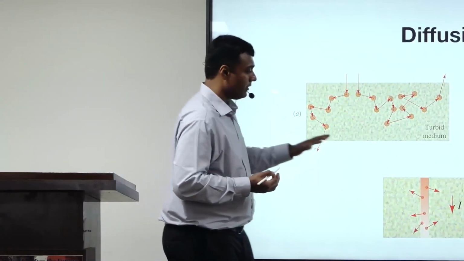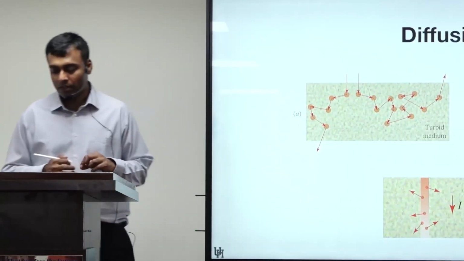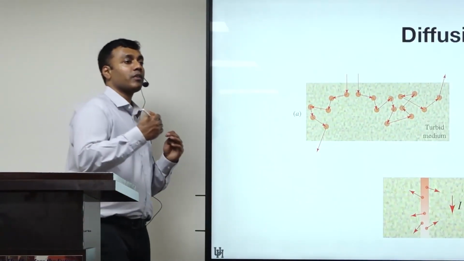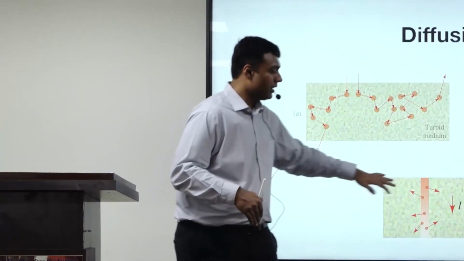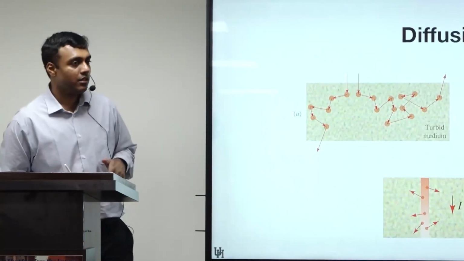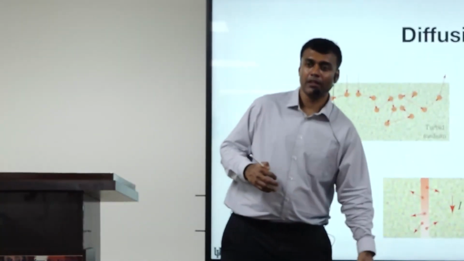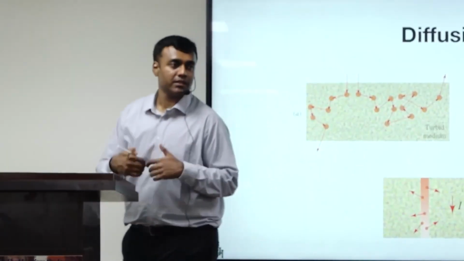On the other hand, a little later I'll give you examples of situations where you can go much deeper into tissue by using red light. Instead of blue light, which scatters a lot, you use red or infrared light so that you can go much deeper and get images from deeper inside tissue.